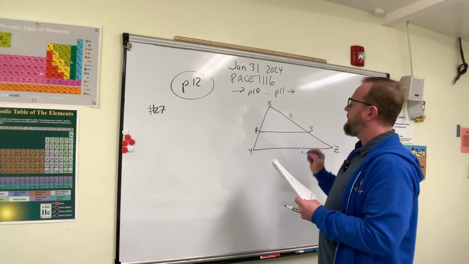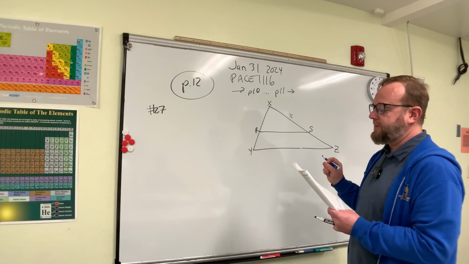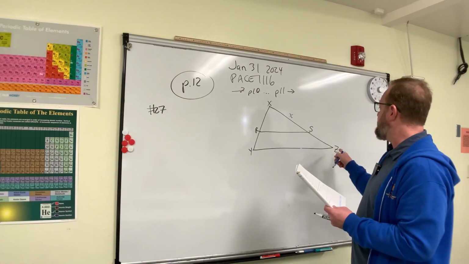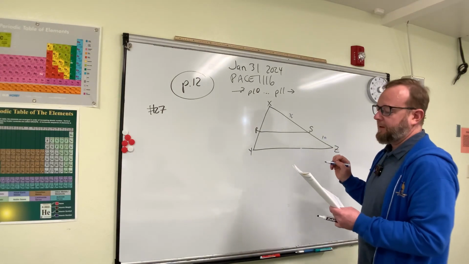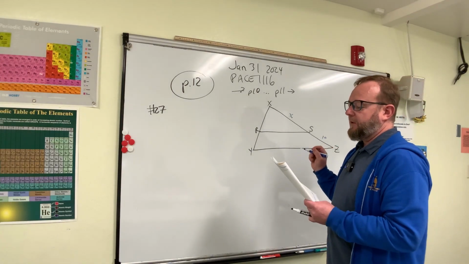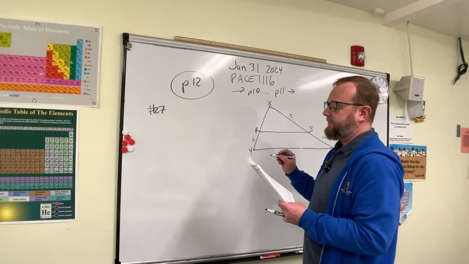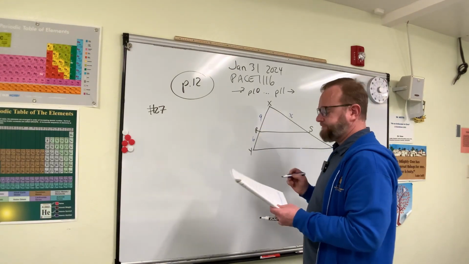That's where my X is for number 27. I'm also given the length of SZ. That's here, that's 10. And I'm given the length of RY right here, that's 6. And I'm given XR at 9.